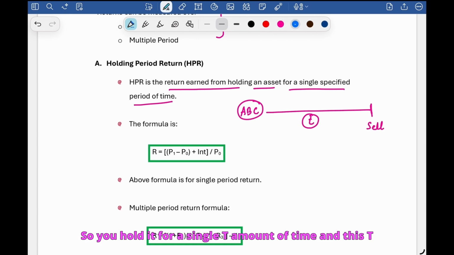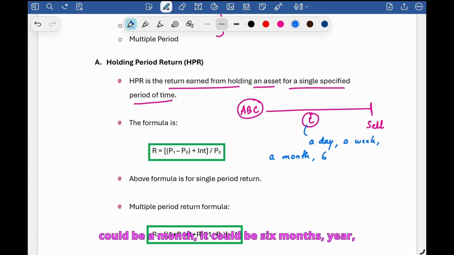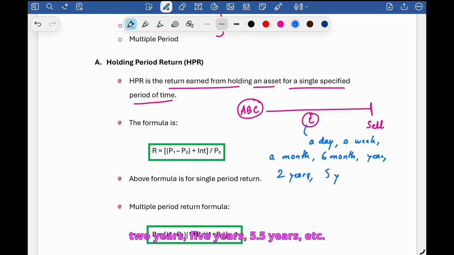This T amount of time could be a day, a week, a month, 6 months, a year, 2 years, 5 years, 5.5 years, etc. So you get the point.